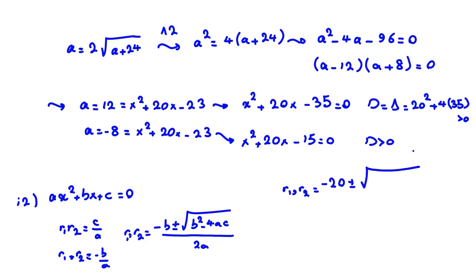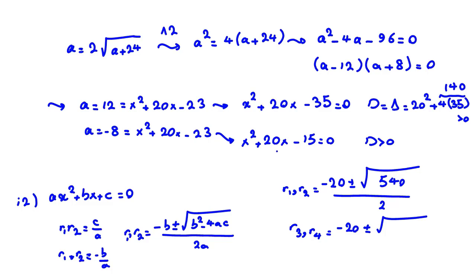So if you check the first equation, the roots r1, r2 equal negative 20 plus or minus the square root of 540, all over 2. And suppose the roots of the second are r3, r4: negative 20 plus or minus the square root of 460, over 2.